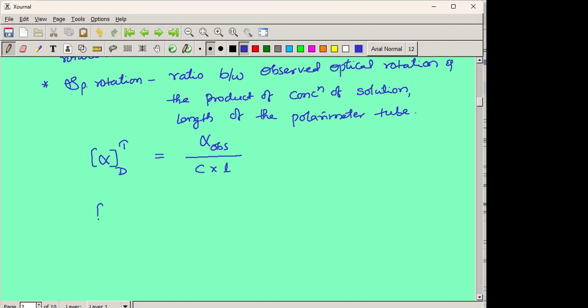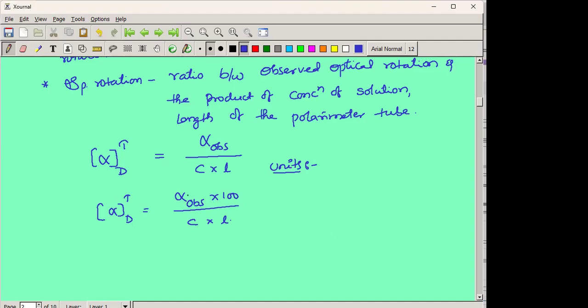Also, one more formula for the specific rotation: alpha at T and D is equal to alpha observed into 100 divided by concentration and length. What are the units of specific rotation?